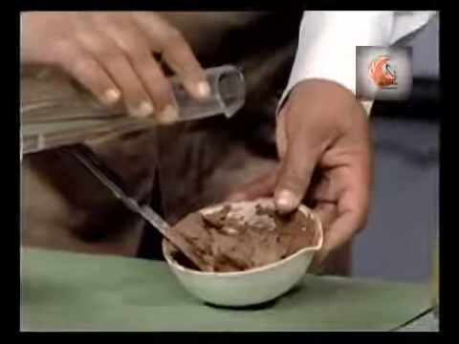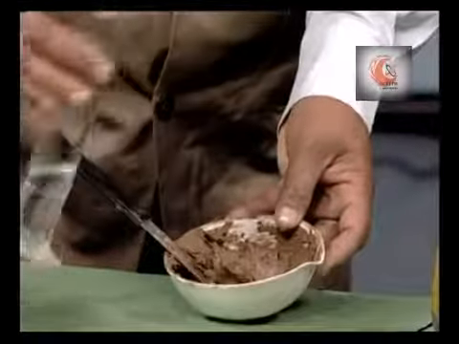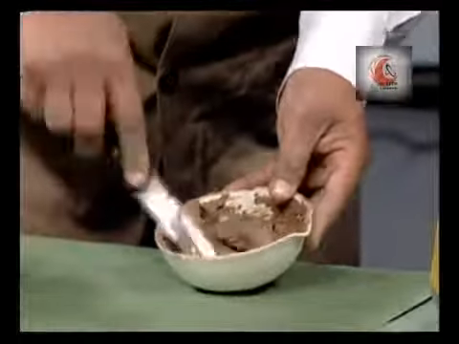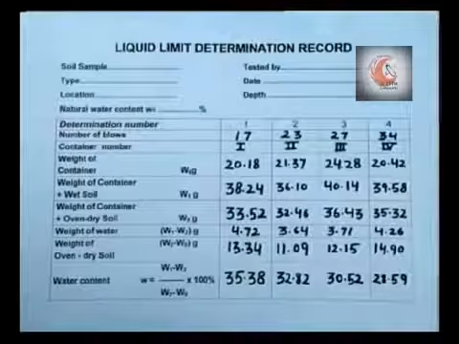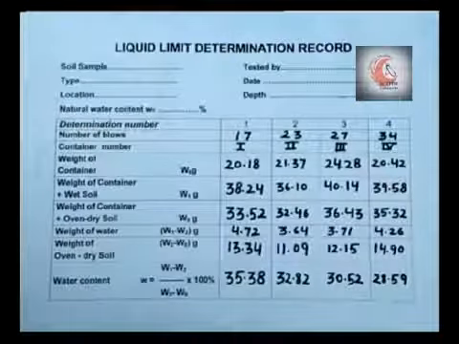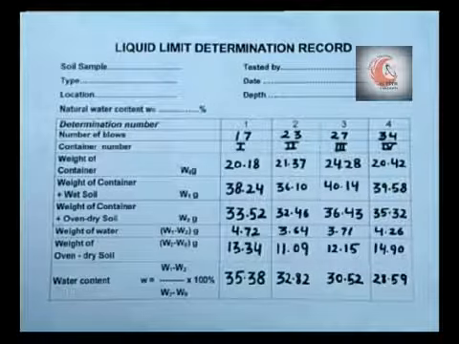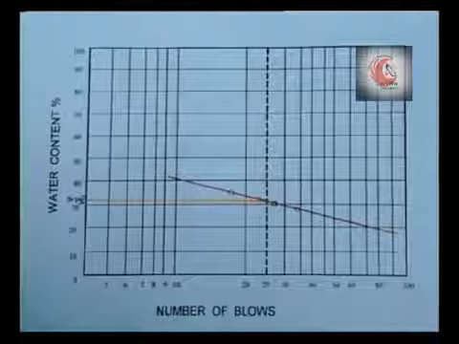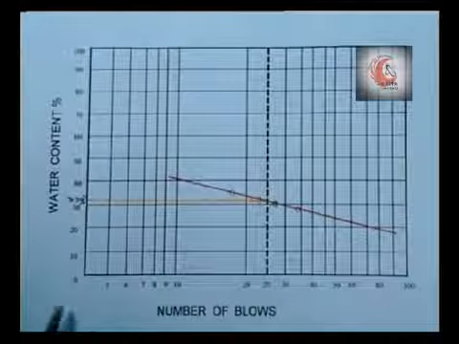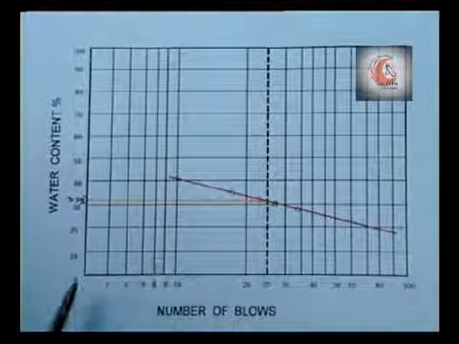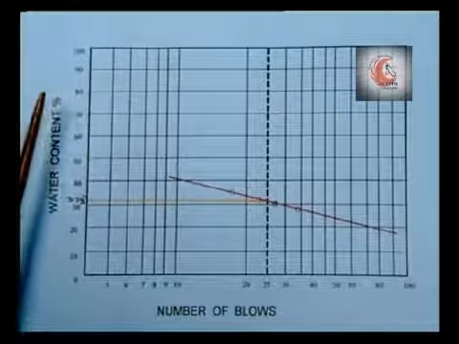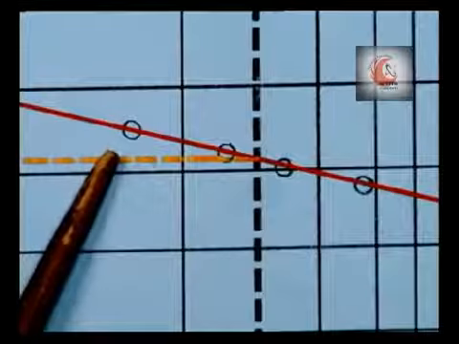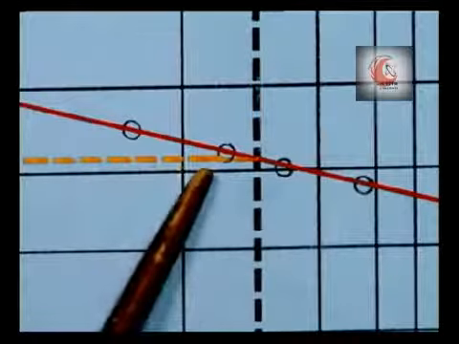Now repeat the procedure with different water contents, that is from drier to wetter condition of soil, and record the various observations 3 to 4 times. Now to analyze and interpret the results for the liquid limit test, we plot a graph between number of blows and water content on a semi-log graph, making use of readings recorded during various tests.